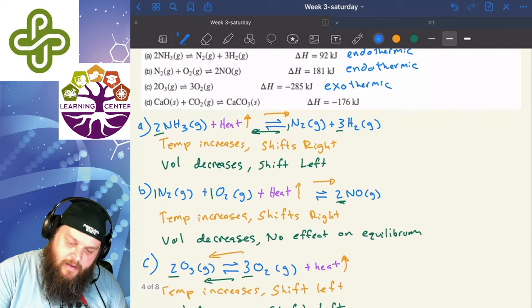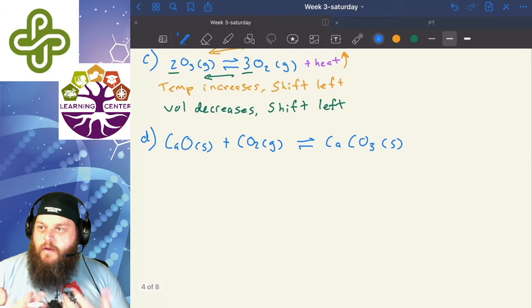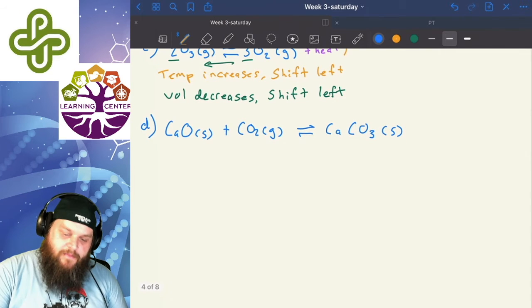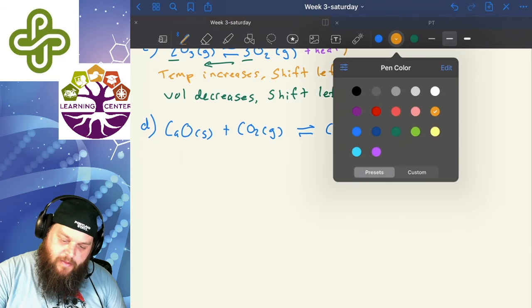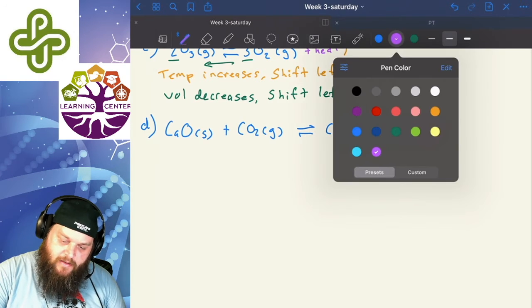And finally, it's exothermic, because that delta H is a negative sign. So, looking at this one, if it's exothermic, that means we're going to have heat as a product.